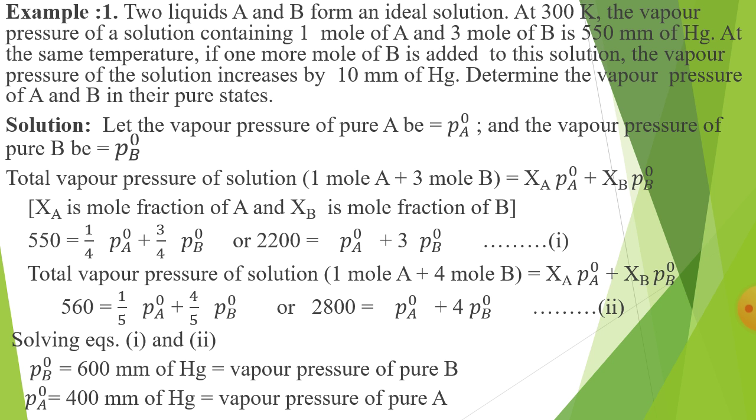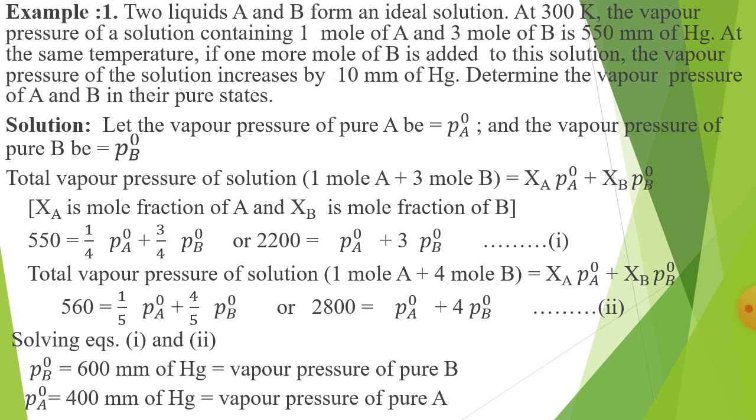That's why the mole fraction of A is 1 by 4 and of B is 3 by 4. Now putting these values, we get equation 1: 2200 equals P0 A plus 3 P0 B.